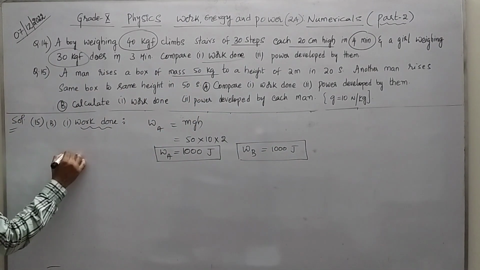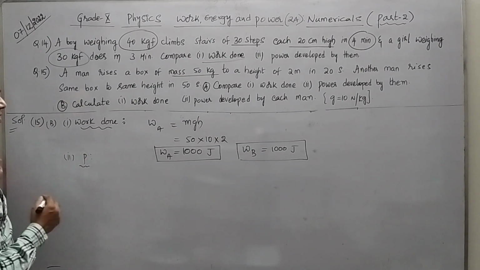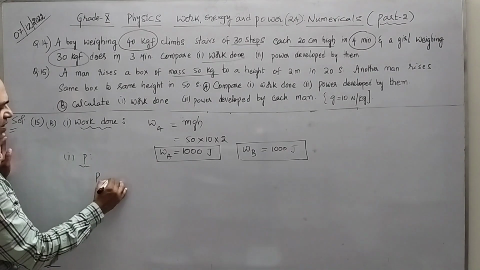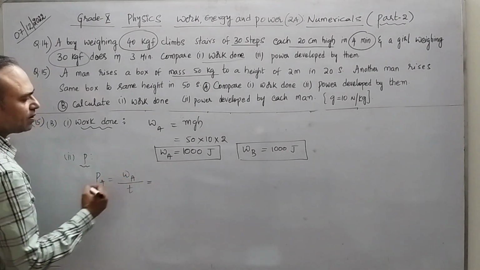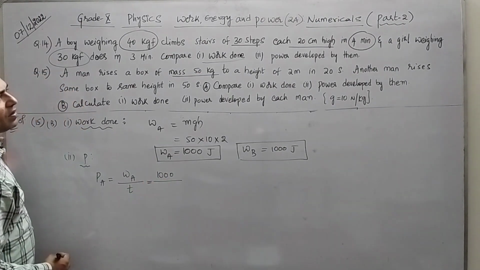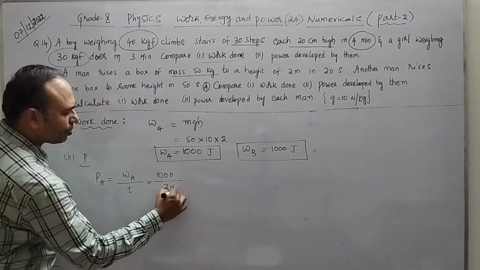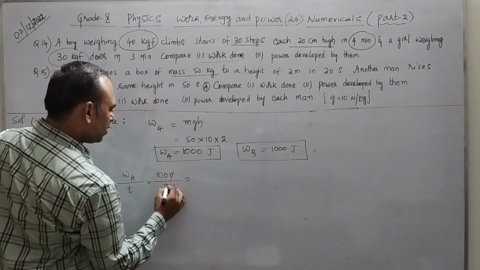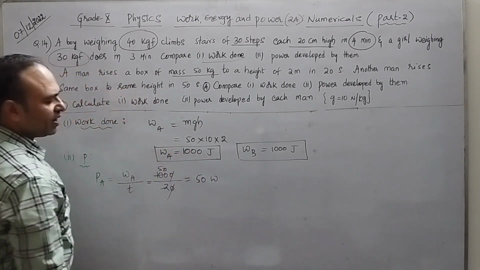Now second one, what is the power developed by each person? We know PA is equal to the work done by A by the time taken. What is the work done? 1000 joule, by the time taken by the first person, which is 20. Nothing but 50 watt.